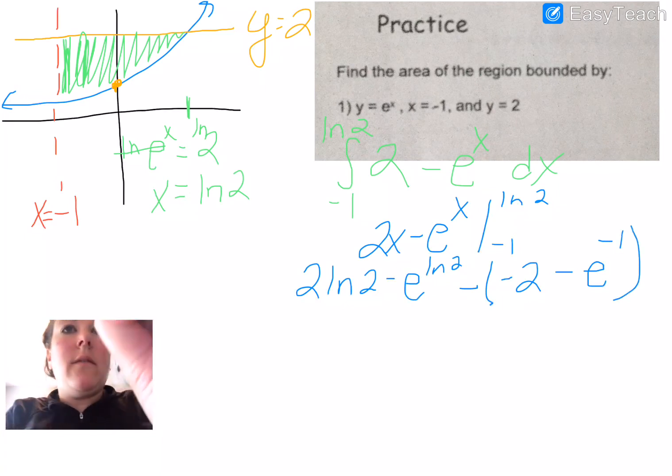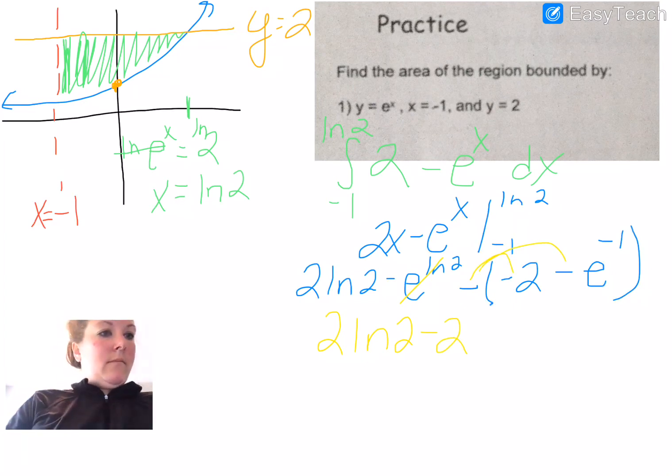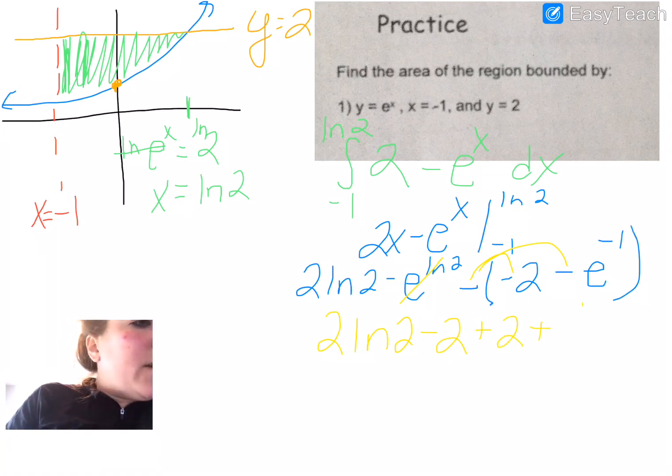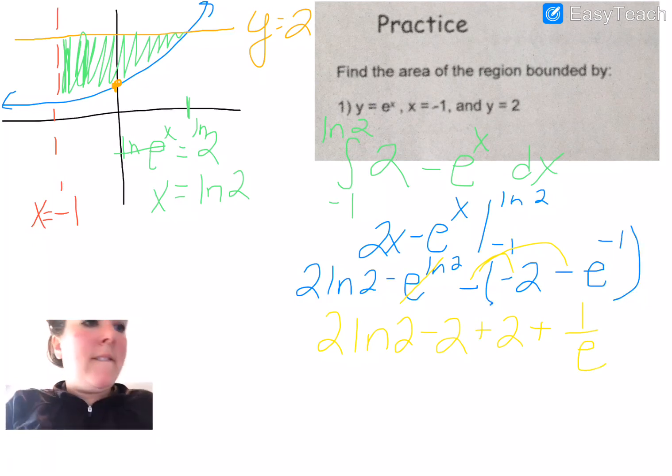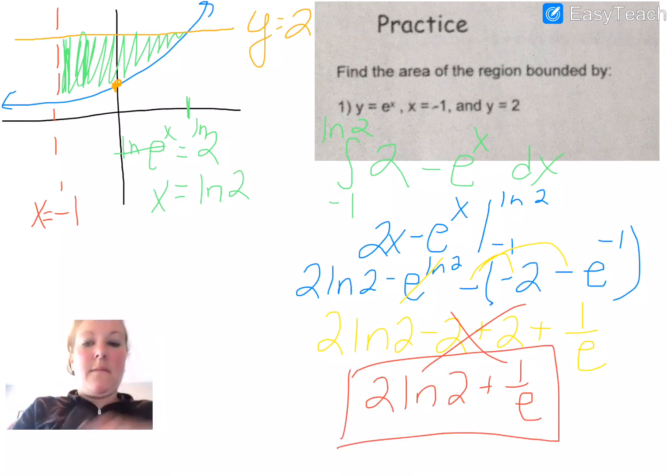I'm going to simplify this a little bit. 2 ln 2 minus 2 cancels, plus 2, plus I can keep this e to the negative 1 or 1 over e. 2 ln 2 plus 1 over e is my answer.